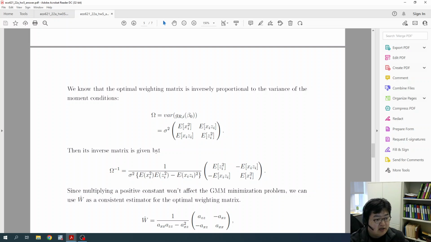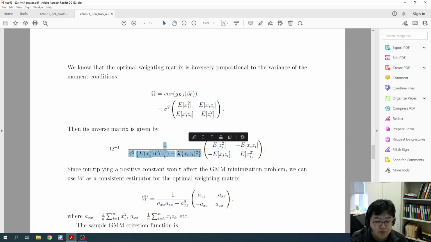If you calculate the inverse, you have this form, but you don't need to calculate the inverse. What I want to show you here is, first of all, it does not depend on beta. Actually, what matters here is this part is unnecessary. You don't need to include this constant because it's just one constant that does not depend on beta. So it has no effect on the minimization problem.